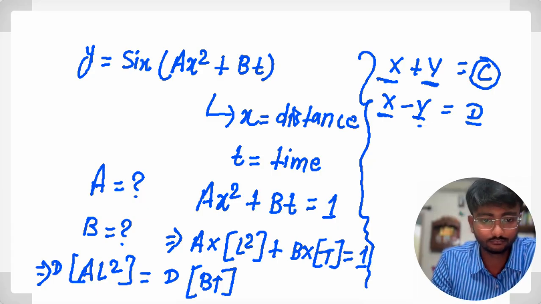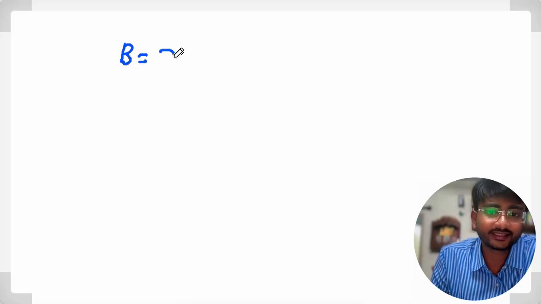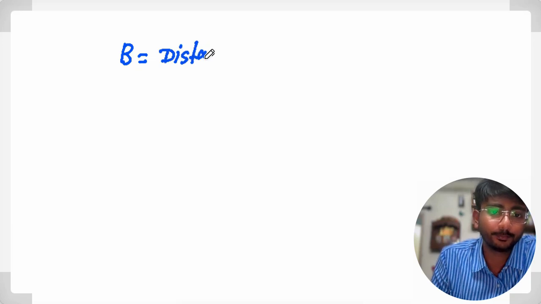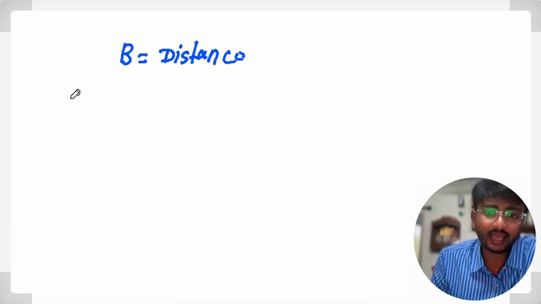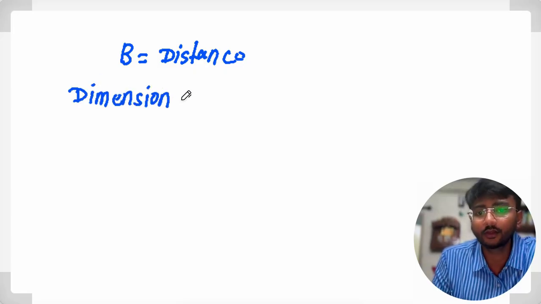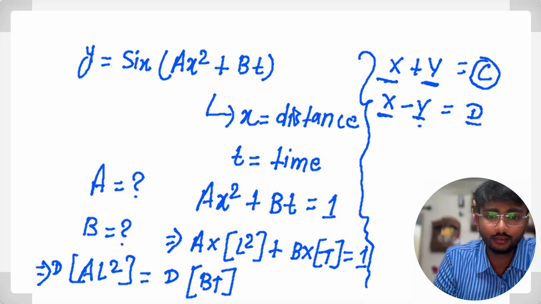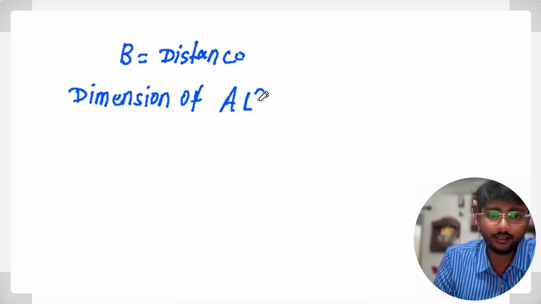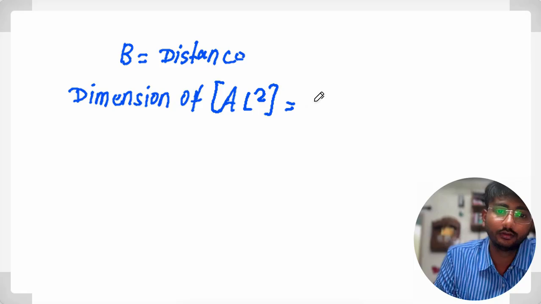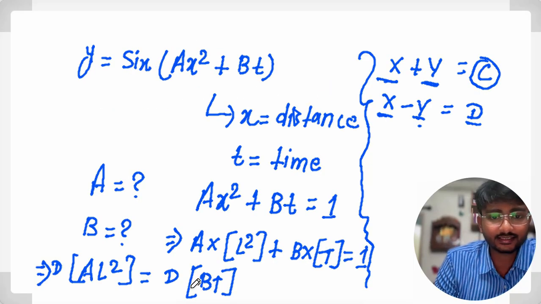Now let's consider b's distance. B is distance. That means the dimension of a l square equal to b, which is distance.